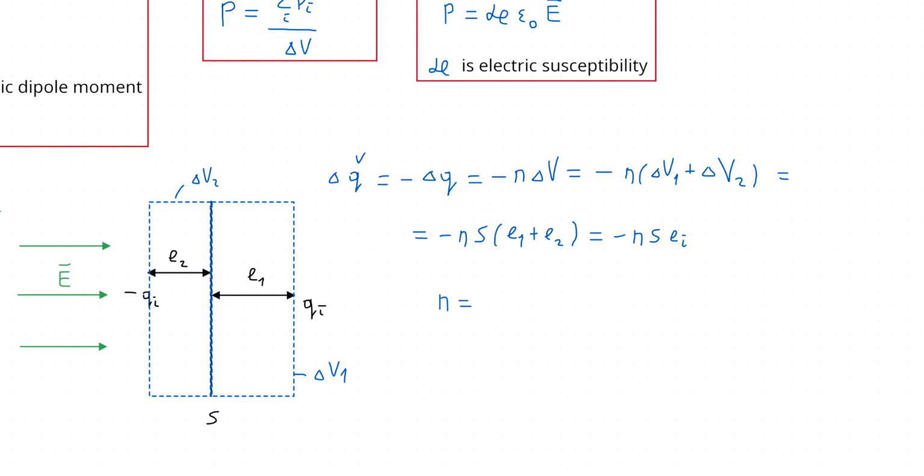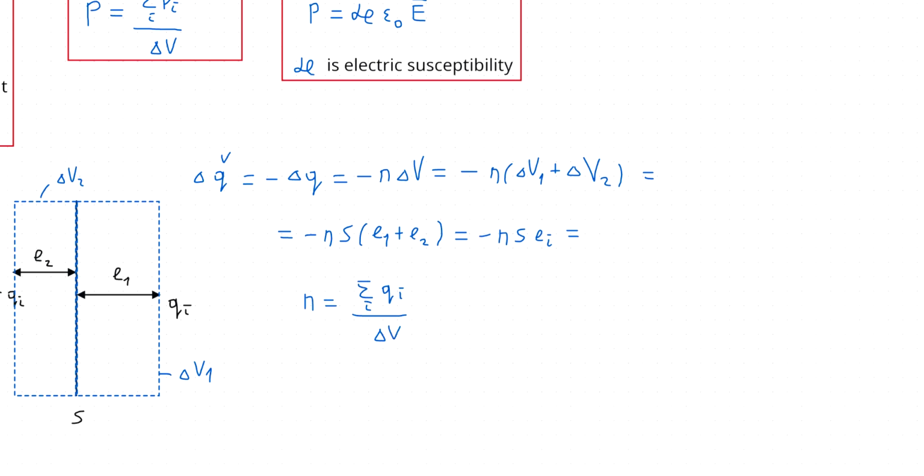This is the sum of electric charges inside volume delta V divided by this volume delta V. So from here we will have that this is the sum of electric charges times Li.